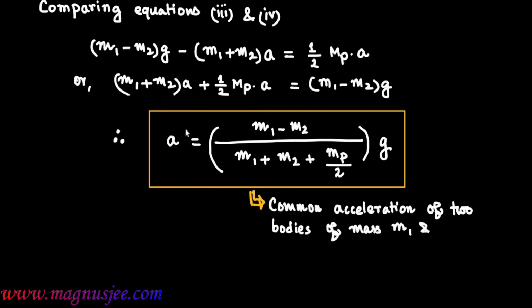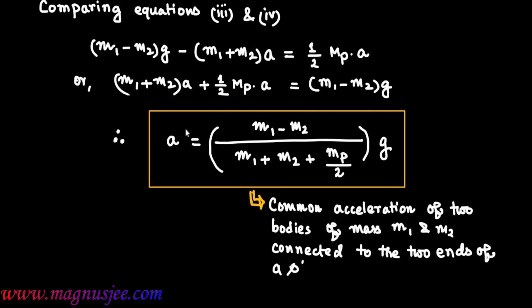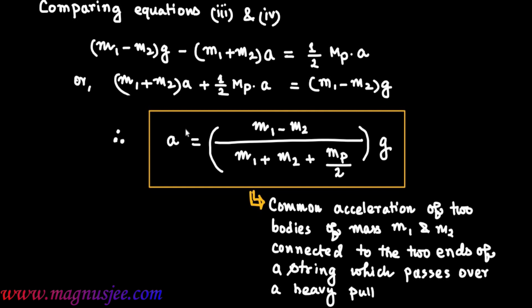This is the common acceleration of two bodies of mass m1 and m2 connected to the two ends of a string which passes over a heavy pulley of mass capital Mp.